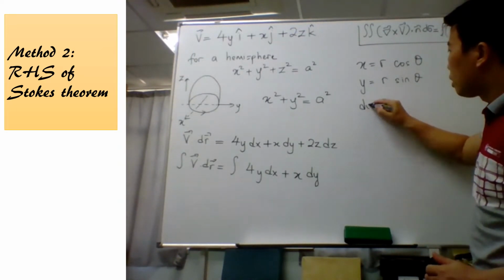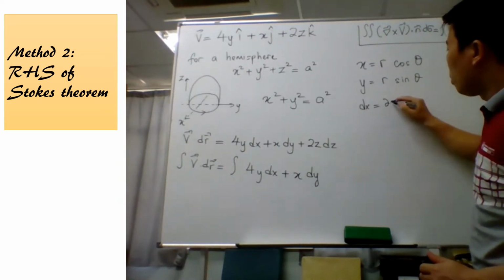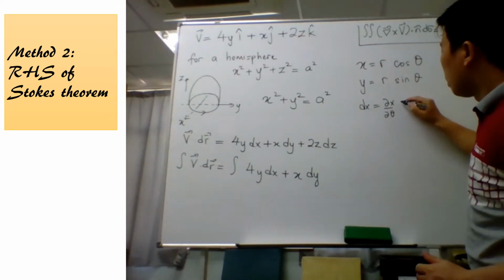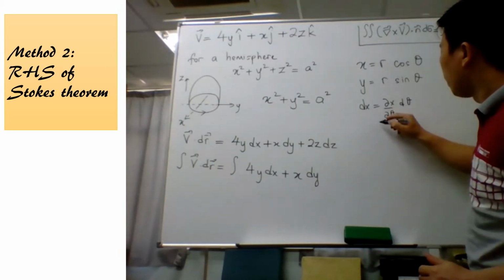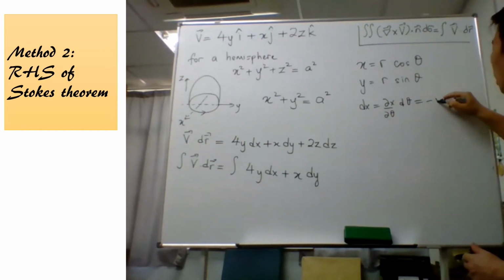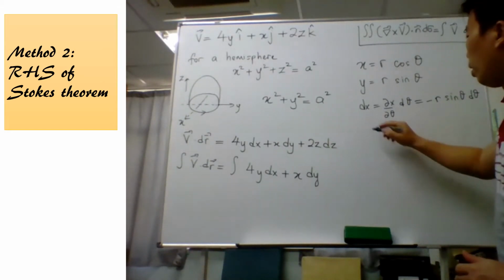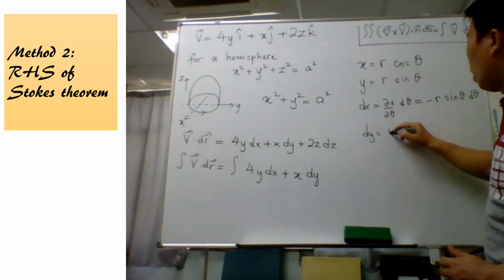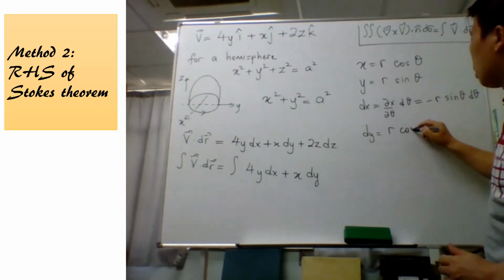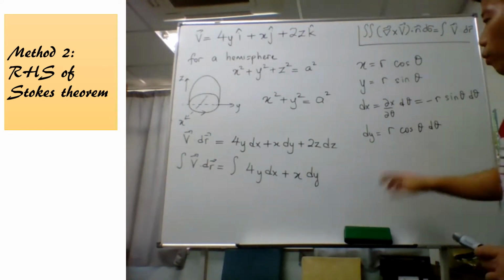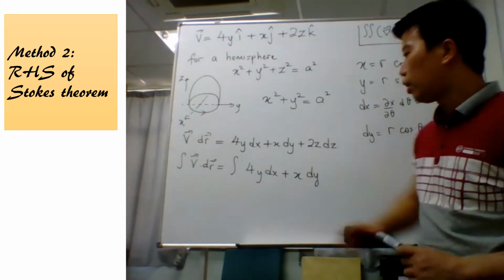So dx is now equal to the partial derivative of x with respect to theta, d theta, and this is going to be minus r sine theta d theta. dy is going to be equal to r cos theta d theta. So now we are going to use this and insert it into here.